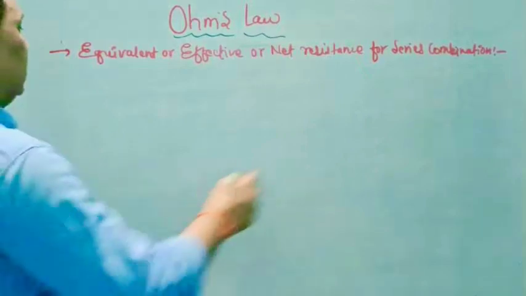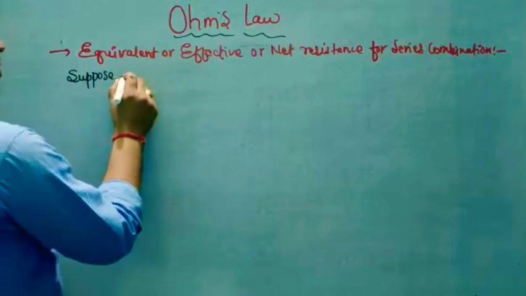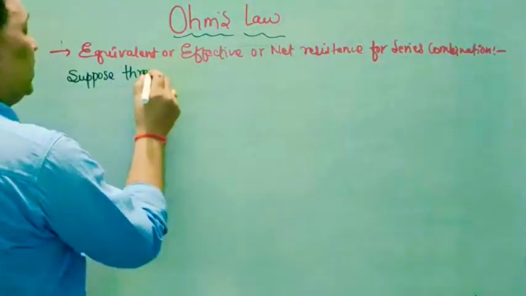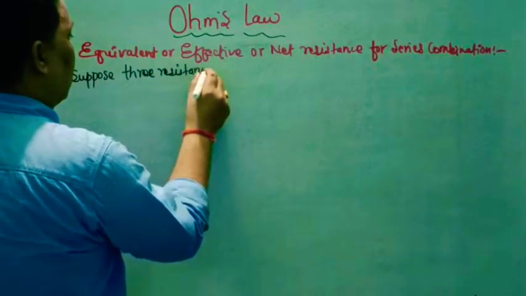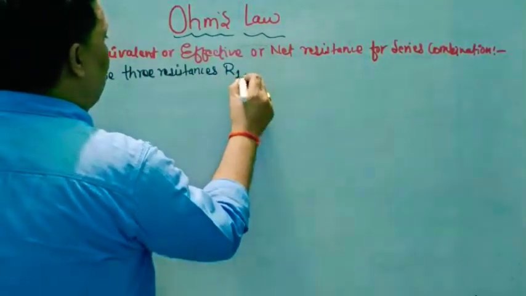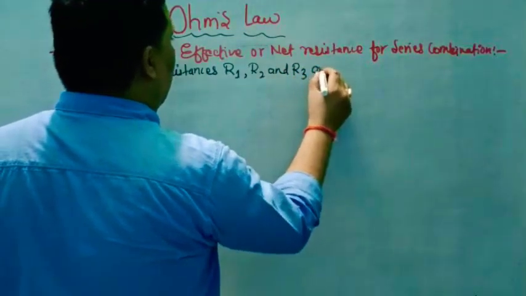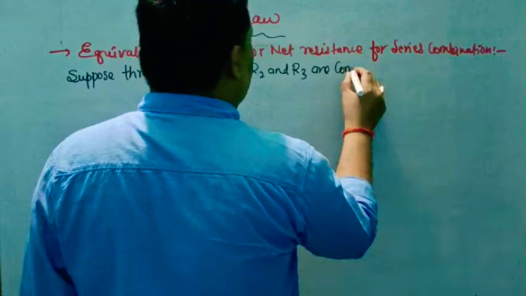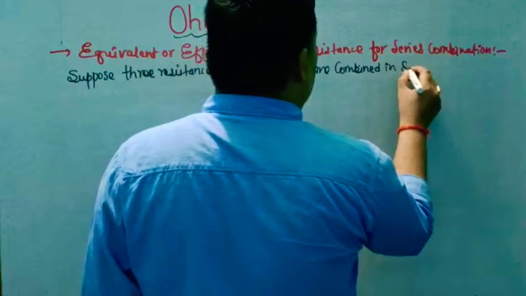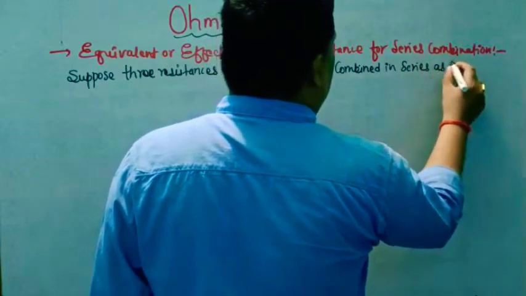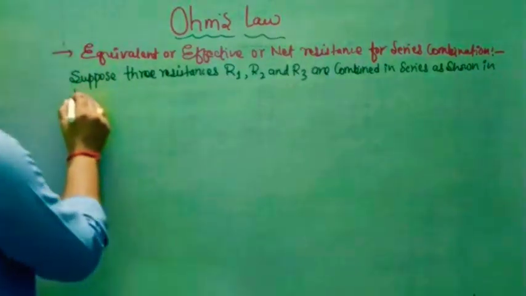Suppose three resistances R1, R2 and R3 are combined in series as shown in the circuit diagram.